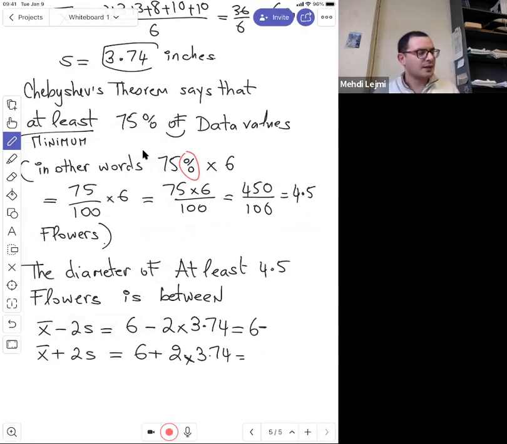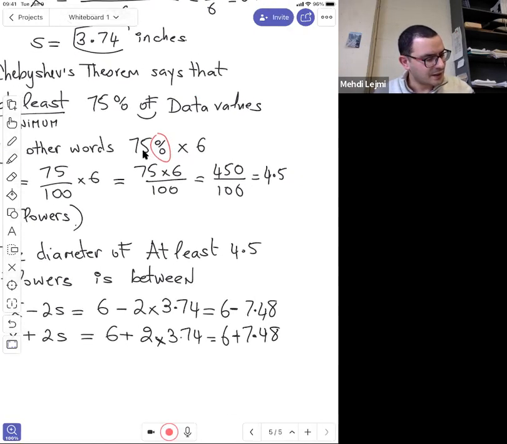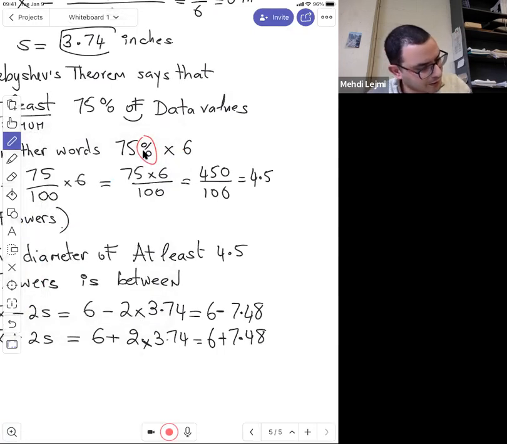By the PEMDAS rule, we need to multiply first. 2 times 3.74 is 7.48. So 6 minus 7.48, when you subtract, is going to be a negative number, negative 1.48, and 6 plus 7.48 is 13.48.